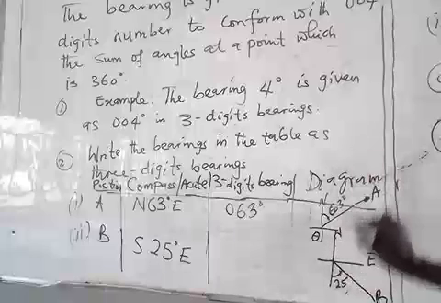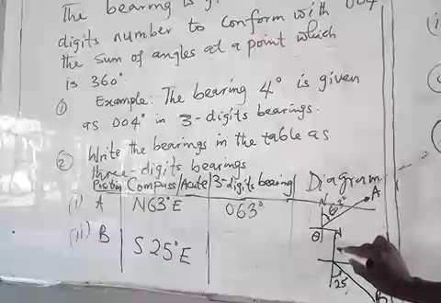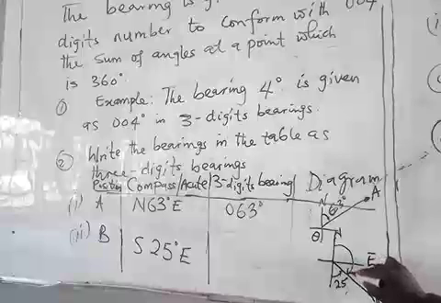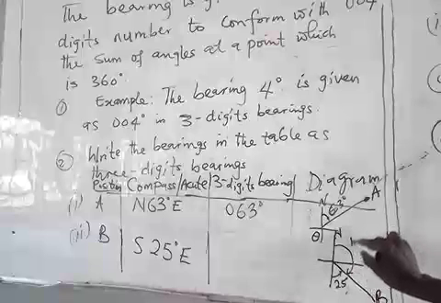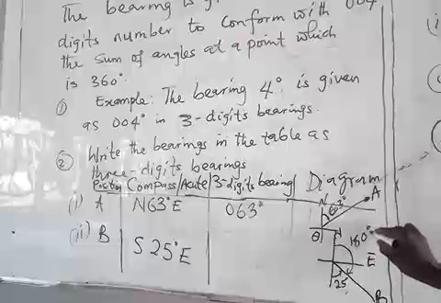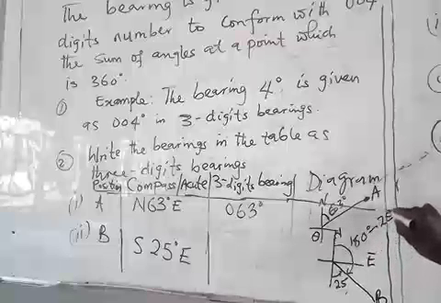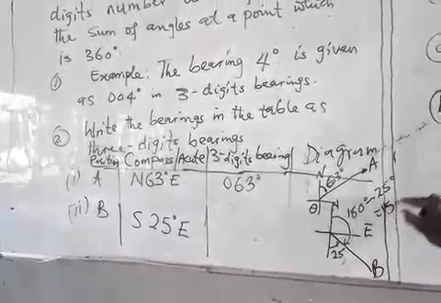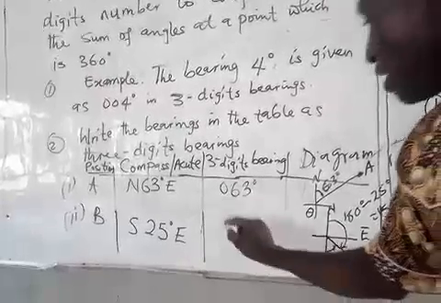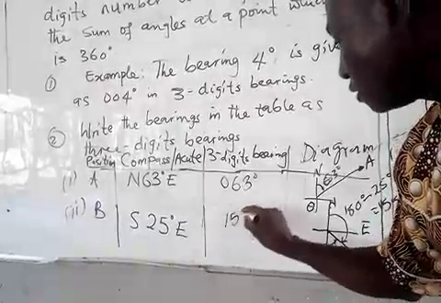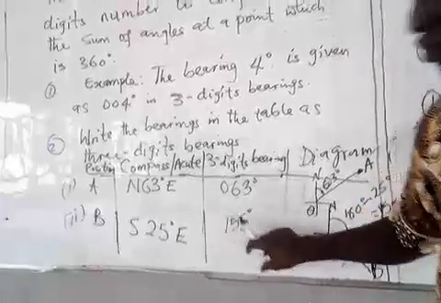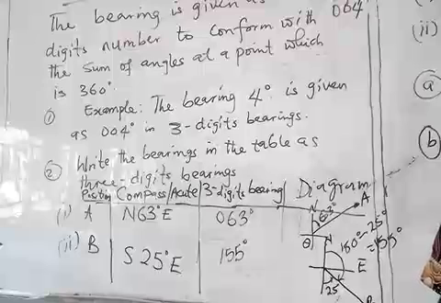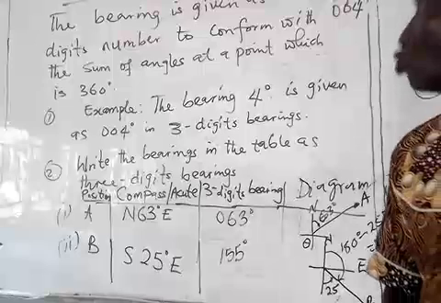So the bearing you are going to read, you start from the north and turn this way to this point. So the bearing of this will now be 180 degrees minus 25 degrees. This will give us 155 degrees. This is already 3 digits, so it conforms with that. That answers question number 2.